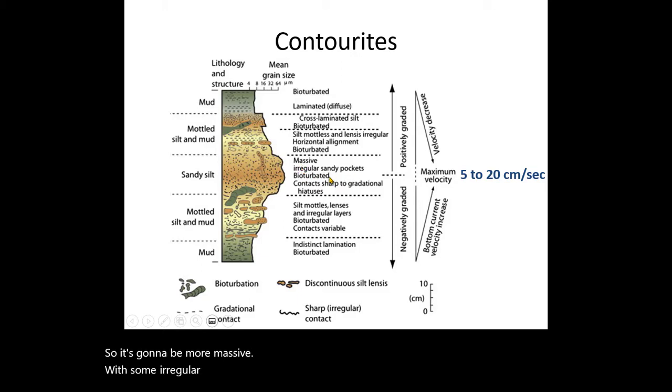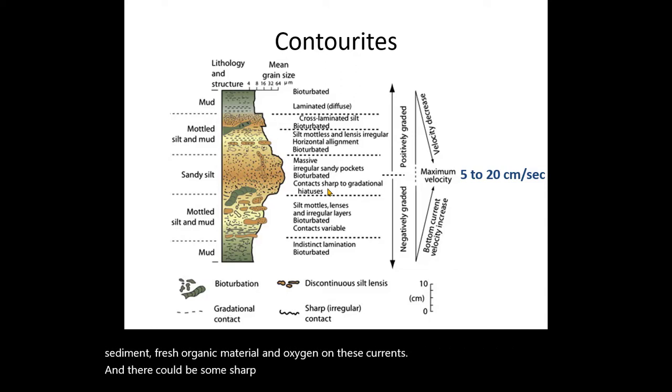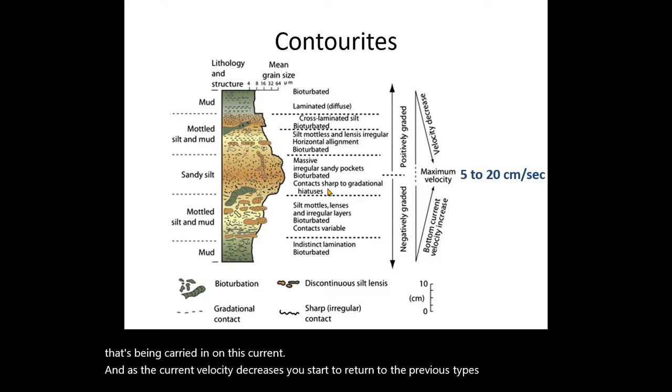There'll be bioturbation because you're bringing in fresh sediment, fresh organic material, and oxygen on these currents. And there could be some sharp contacts between the underlying sediment and the sandy silt that's being carried in on this current. And as the current velocity decreases, you start to return to the previous types of sedimentation that you've seen before.